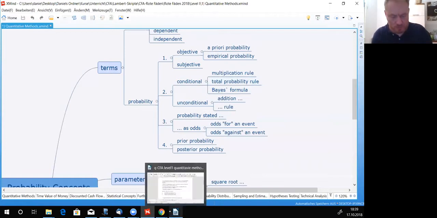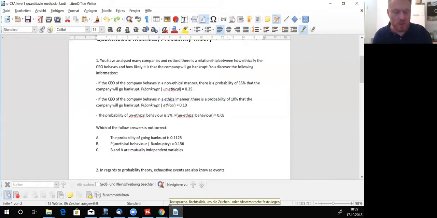So let's see here. You have analyzed many companies and noticed there is a relationship between how ethically the CEO behaves and so on. So if the CEO of the company behaves in a non-ethical manner, there's a probability of 35% that the company is going to go bankrupt.